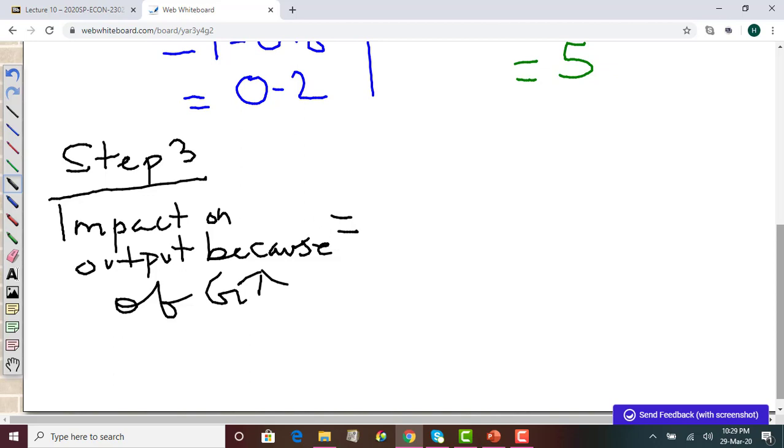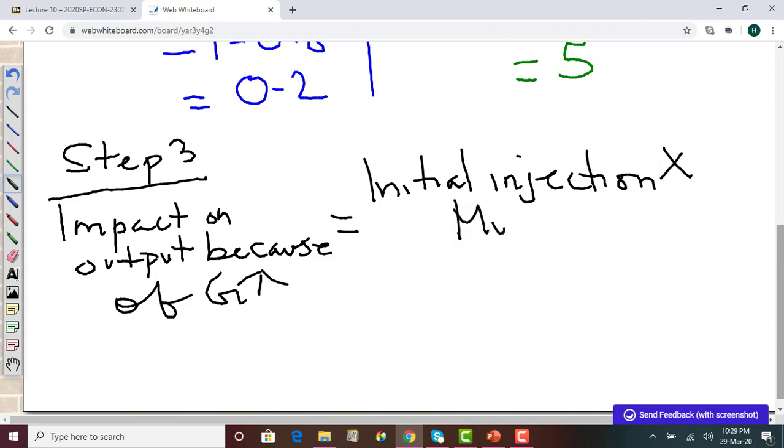That, again, we know is given by initial injection times your multiplier. This is something we already did in our last class.